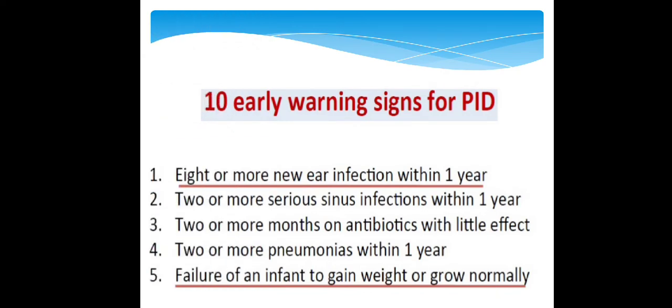So what are those signs for which we should suspect primary immune deficiency? 8 or more new ear infections within 1 year, 2 or more serious sinus infections within 1 year, 2 or more months on antibiotics with little effect, 2 or more pneumonias within 1 year, failure of an infant to gain weight and grow normally.